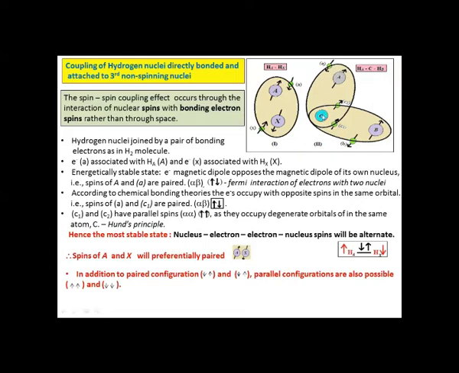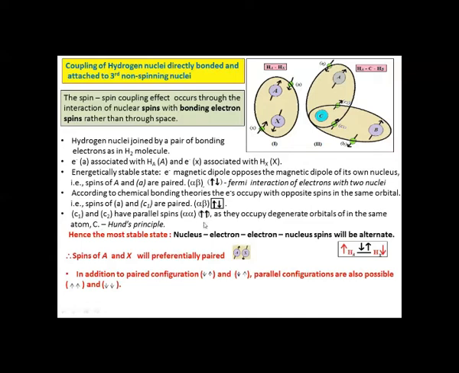And then next come the C1 electron and the C2 electron, which should have parallel spins, as they occupy degenerate orbitals of the same atom, that is the carbon atom.